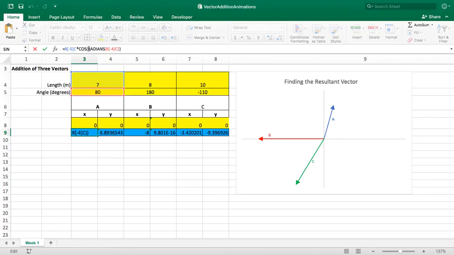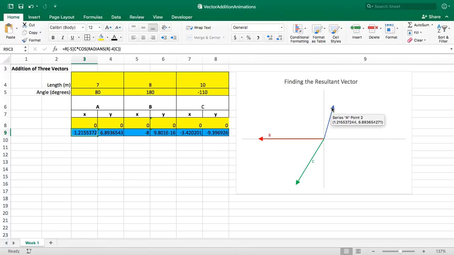So here I have radians of our angle in degrees, and outside that I have wrapped a formula of cosine. So I'll close that. So that gives us then the formula to calculate the x coordinate for the end of vector A.